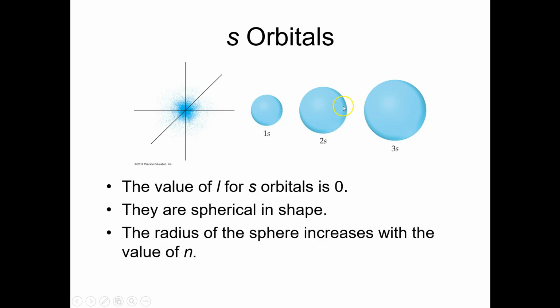As they go up in energy, they get larger. So a 2s orbital is larger than a 1s orbital, and a 3s orbital is larger than a 2s orbital. Again, they are just depictions of this probability density. But anytime you have L equals 0, that's an s orbital, there can only be one, and it is spherical.